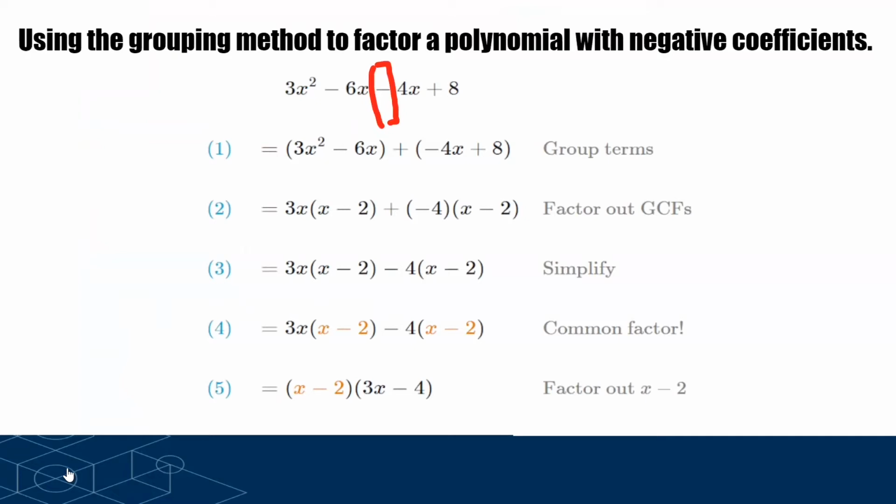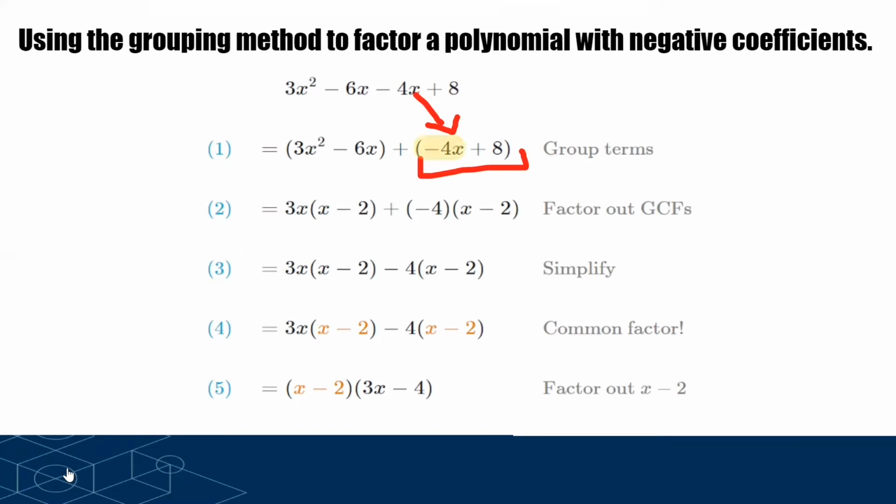And why is that a problem? Well, you know that your third term is actually the first term of the second group, right? Because the first two terms form your first group, and the second two terms form your second group. The third term is the first thing that comes here, and you see that you have a negative sign there, right?